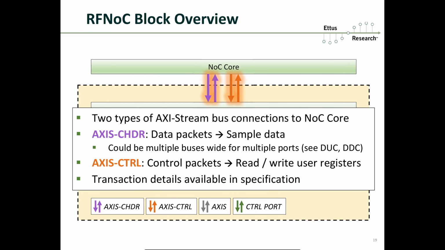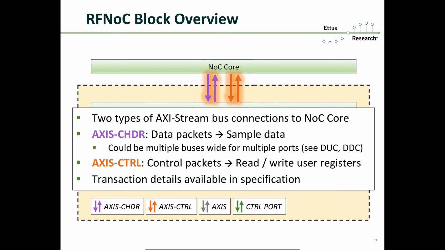Now, the AXI-Stream CHDR bus for our RFNoC block generally will have data packets coming in. You can think of it as, what are CHDR data packets? What does this mean? You can think of it generally as sample data that's been encapsulated in a packet.